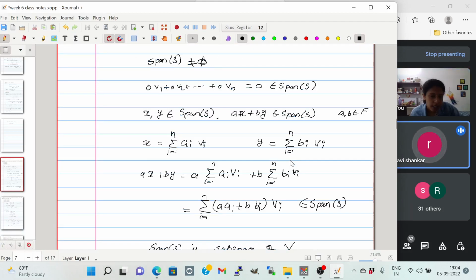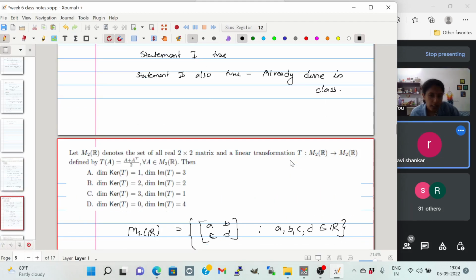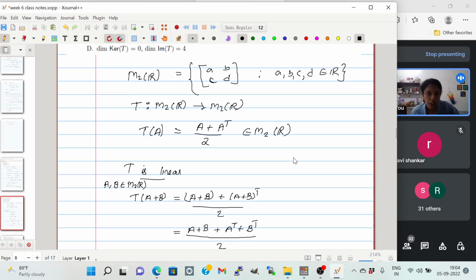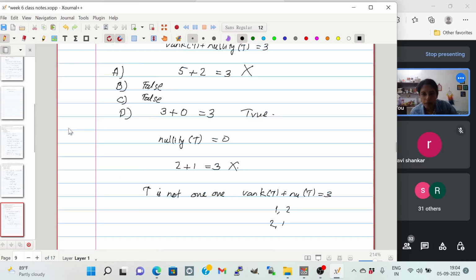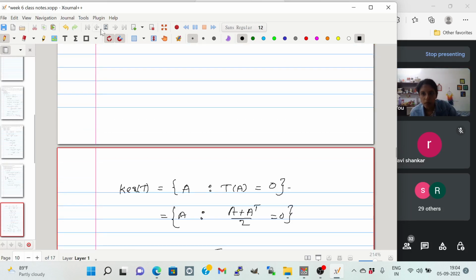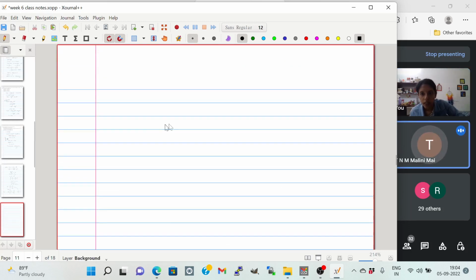Nullity. Nullity of a transformation: if T is a map from any U to V, where U and V are vector spaces, what is the null space of T?